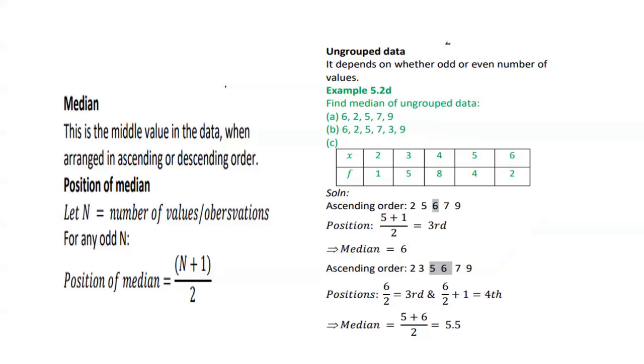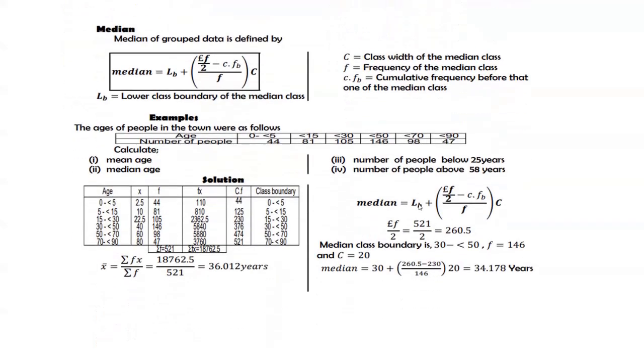You arrange the data in ascending or descending order, then cancel the first and the last, the next cancel each other, and what remains in the middle is going to be your median. If in the middle you remain with two values, you add them together and divide by 2. So what you get will be the median of those data points.